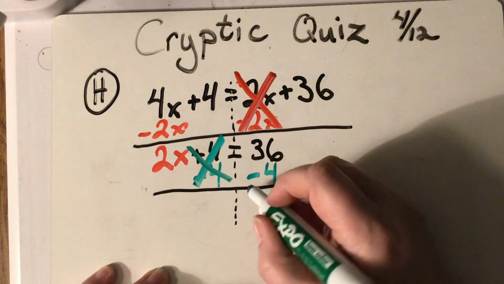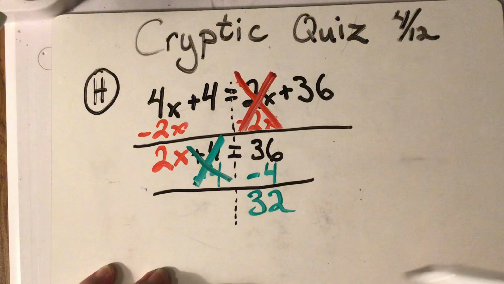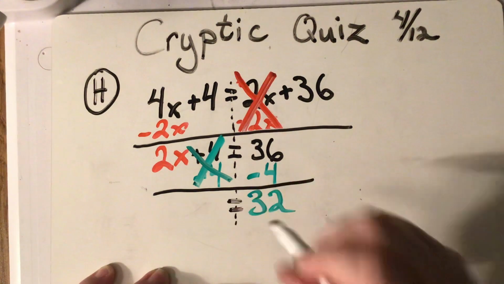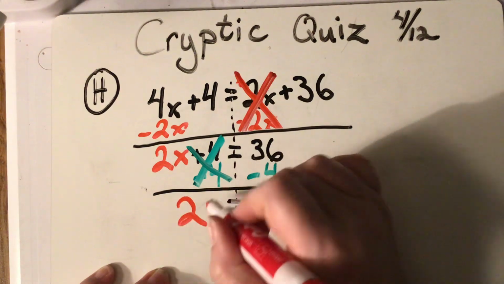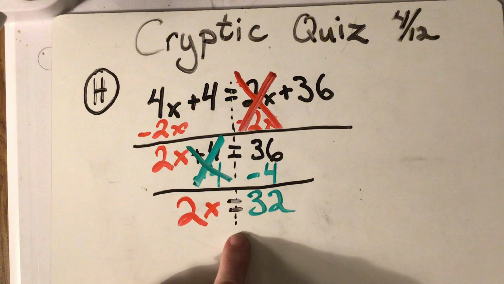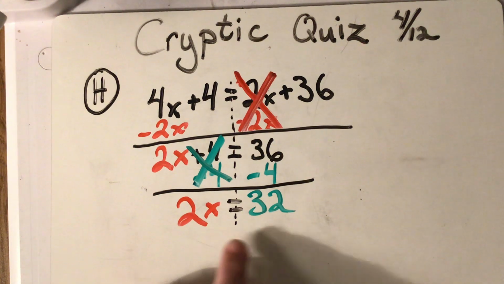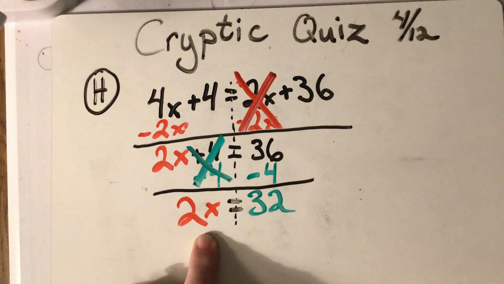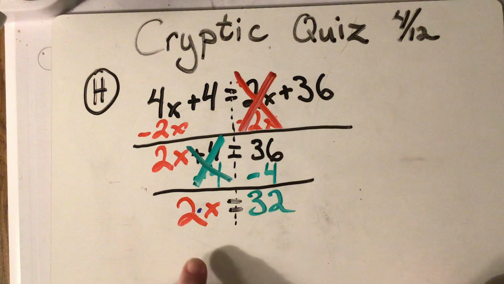All right. Sounds good to me. That equals, and then here's my 2x that I got earlier. Okay, 2x equals 32. So now it's time for me to break these two guys up because they are, remember, multiplying.